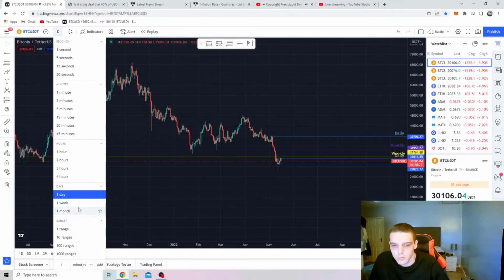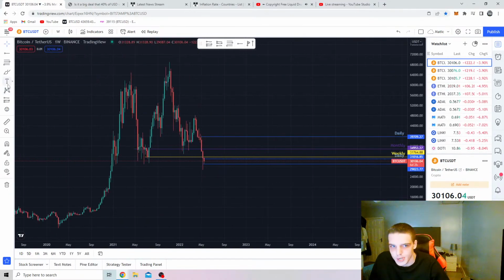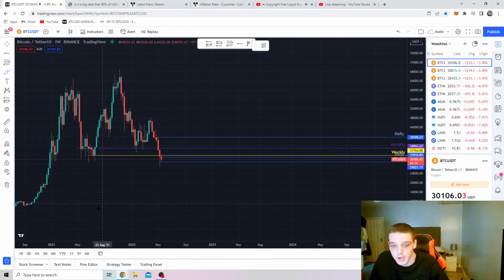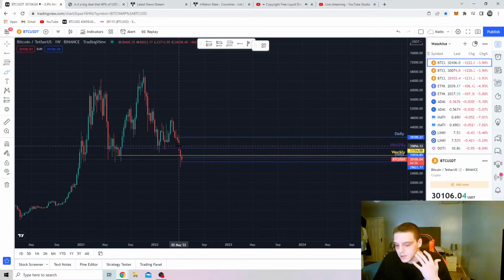For example, some of the most important levels on the way up. We'll do this quickly, because hopefully this will help some people. On the way up, there's obviously 41k, 42k, up by 1,000.